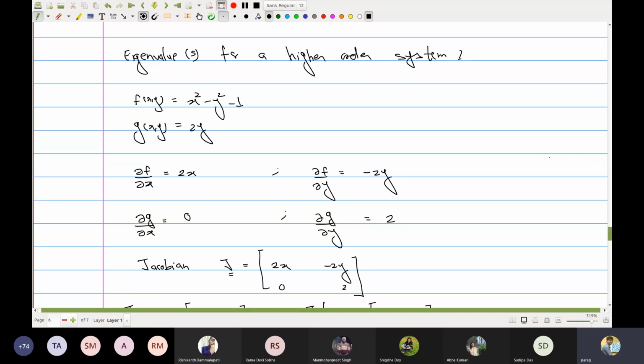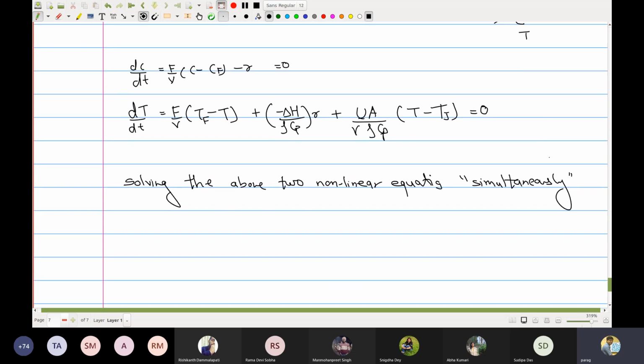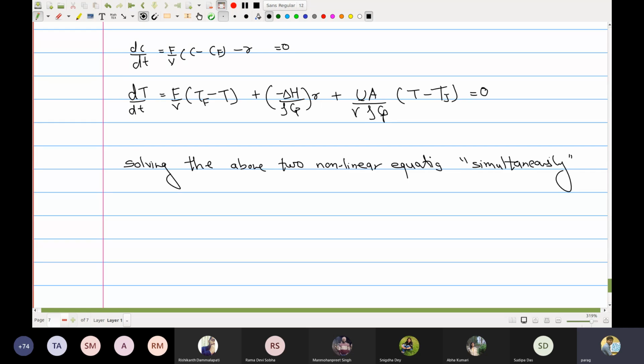We got, in fact, two solutions. So when you solve this equation, there is no guarantee that you will get a unique solution, which means there is no guarantee of a unique steady state concentration or unique steady state temperature in your system. That is tricky business because you maintain certain conditions, and then when you try to determine the concentration in the reactor, at least mathematically, it is possible that you get more than one concentration or more than one temperature.